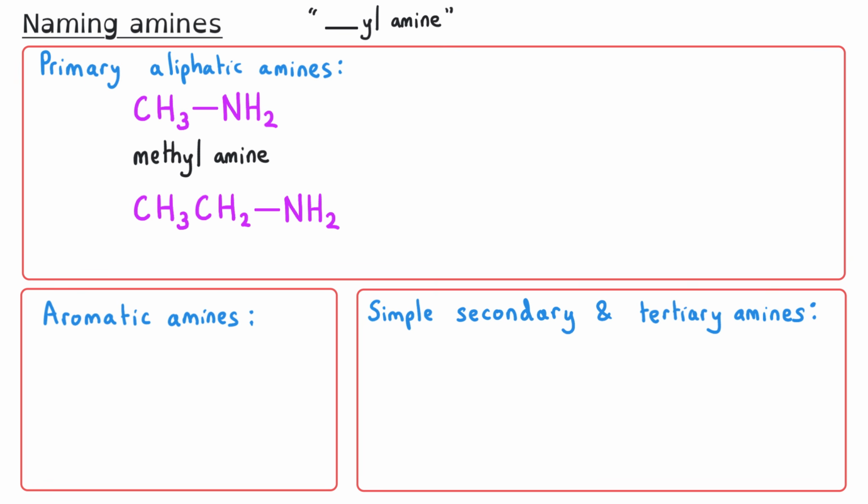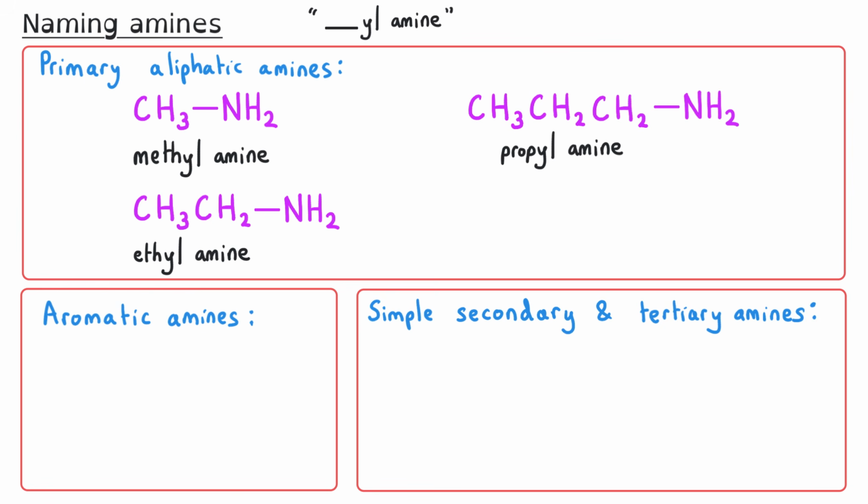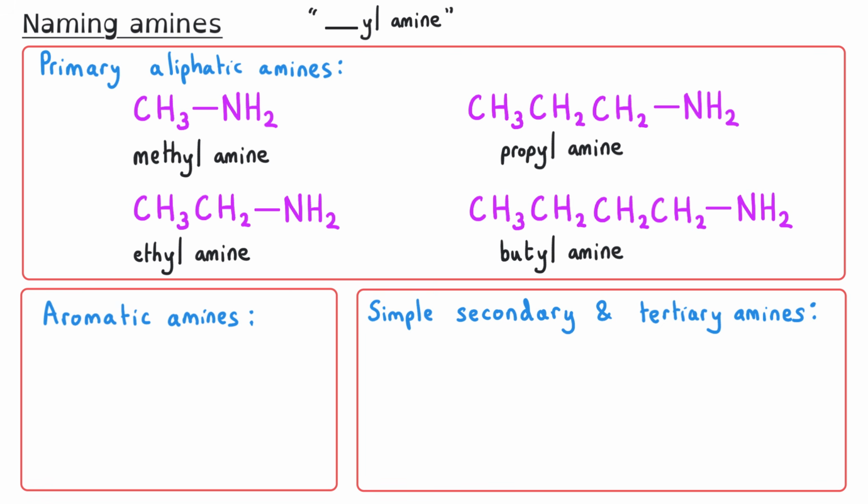The same principle applies as the chain gets longer. 2 carbon atoms gives you ethylamine. 3 carbon atoms in the chain gives propylamine, and 4 carbon atoms gives butylamine. All these are primary amines, remember, because the nitrogen is attached to only one carbon atom.